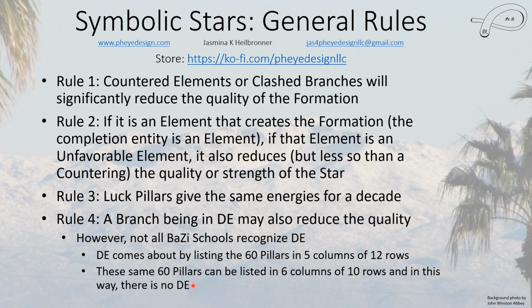Because you can actually list those same 60 pillars in 6 columns of 10 rows, and you don't have any repeats of the elements, and so there's no DE. This to me is more bookkeeping than reality. So Edgar Lockton-Jung, who I refer to regularly, his school does not recognize DE. So you don't have to be too worried about that. This isn't really agreed upon, whether DE is even there, let alone being important.